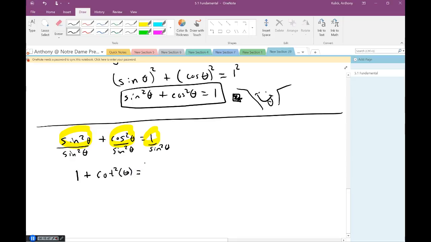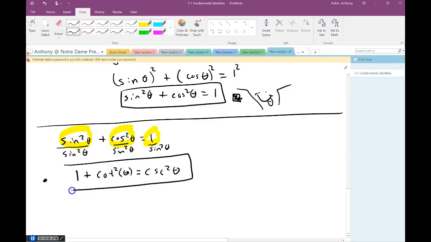And what's 1 over sine squared going to be? Well, 1 over sine is cosecant. So 1 over sine squared is cosecant squared. So that gives us our second Pythagorean identity.